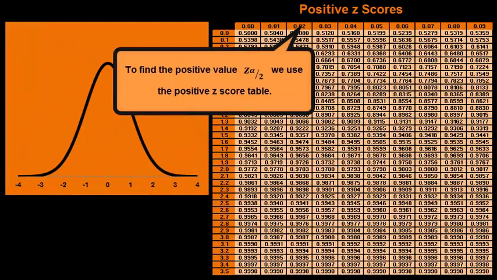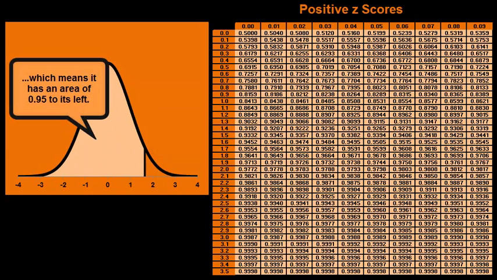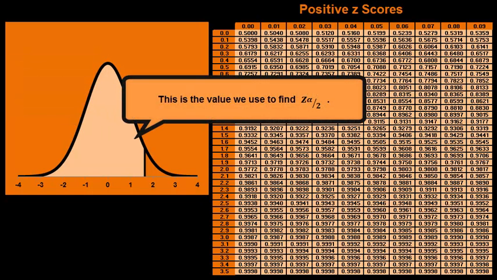To find the positive value of z of alpha over 2, we use the positive z-score table. Remember, we are looking for a value that has an area of 0.05 to its right, which means it has an area of 0.95 to its left. This is the value we use to find z of alpha over 2.